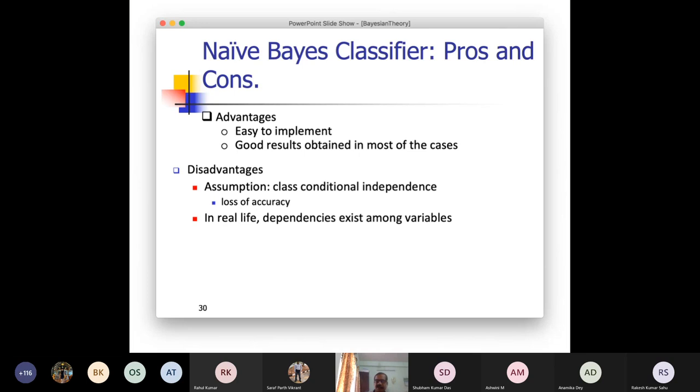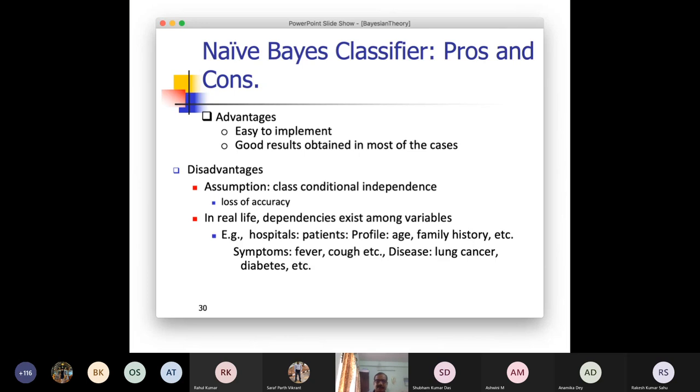Then your modeling will be inaccurate and you will get a lot of error because dependencies exist. For example, in hospitals, the patient's profile, age, family history, symptoms, fever, cough, or disease, lung cancer, diabetes. These attributes may not be independent, they may be related. So it cannot model the real world scenario. This kind of dependencies cannot be modeled by the naive Bayes classifier.